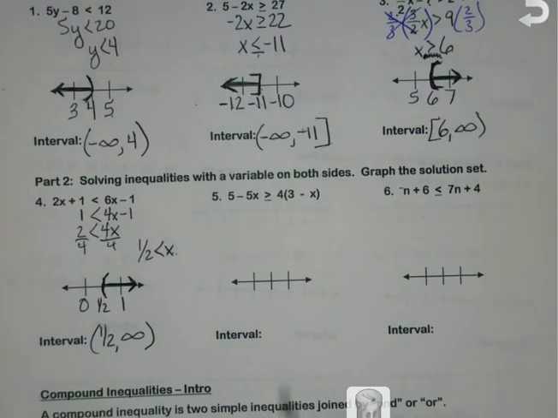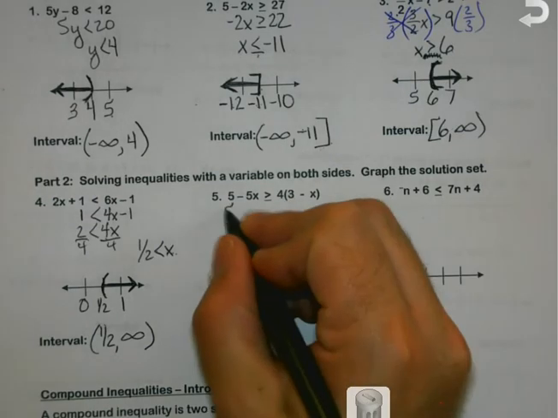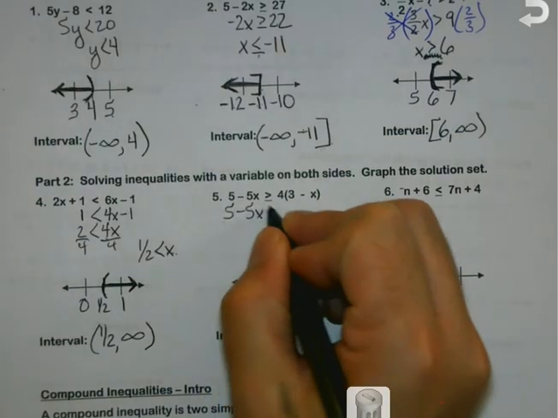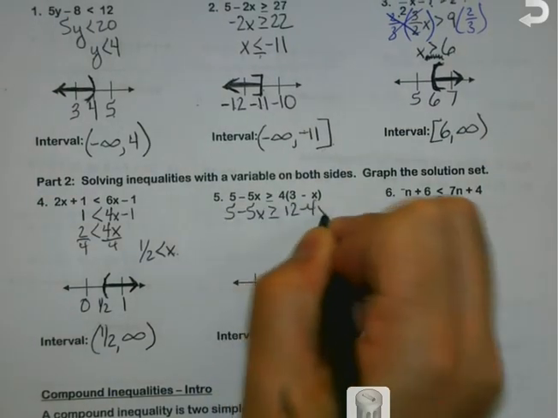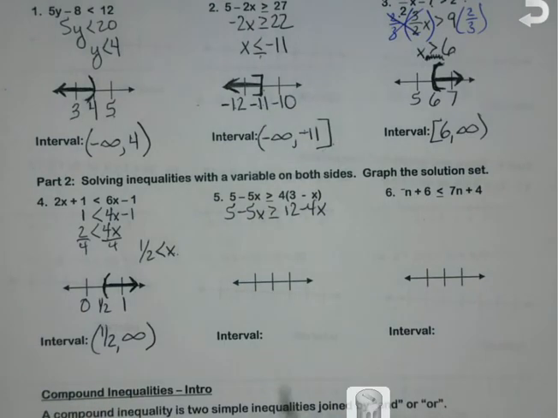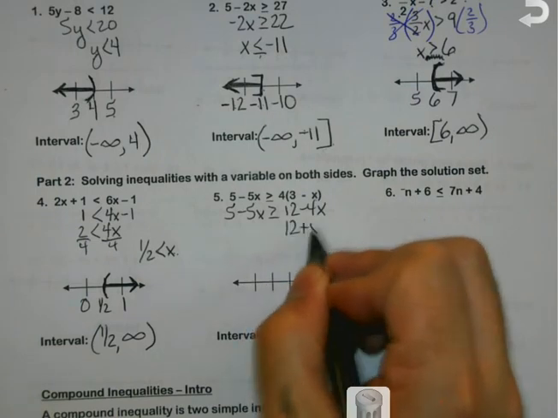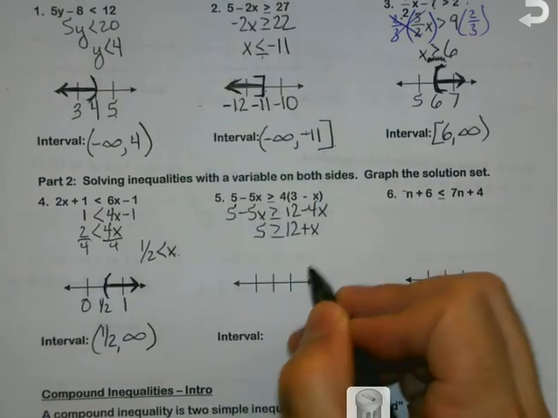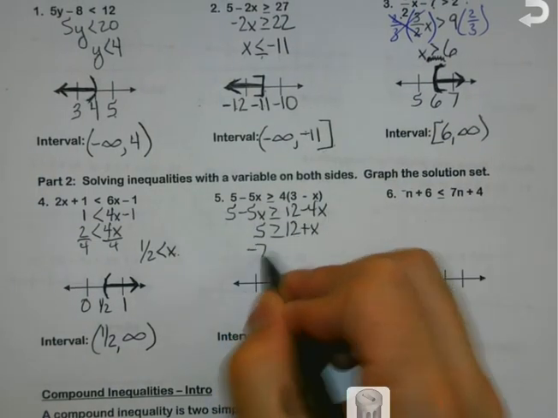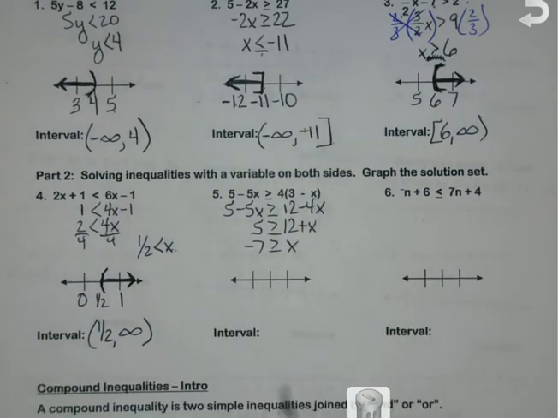I'm just going to do one more here. I'm going to go to 5, then I'm going to jump ahead a little bit here. So we'll get our distributing in here first. I'm always a big fan of keeping the x's positive at any cost. So I'm going to add the 5x over. And we'll subtract the 12 back. And again, be cautious. My x is not in its normal comfortable spot on the left-hand side, at least the way I did it.